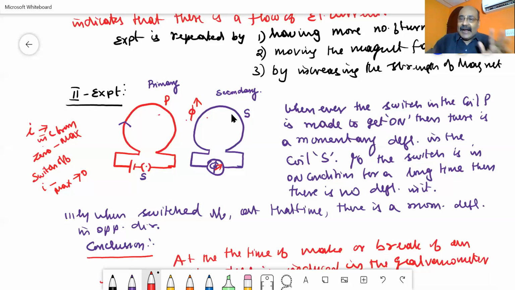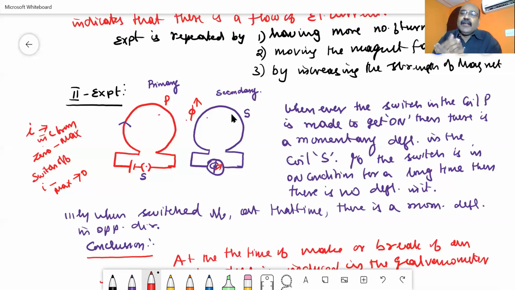So at the make or at the break, you get a momentary deflection in the galvanometer because of this cause. At the time of switching on, the current increases from 0 to maximum, because of which the flux linked with the second coil increases from 0 to maximum, which produces a momentary deflection in the galvanometer, producing an induced current.